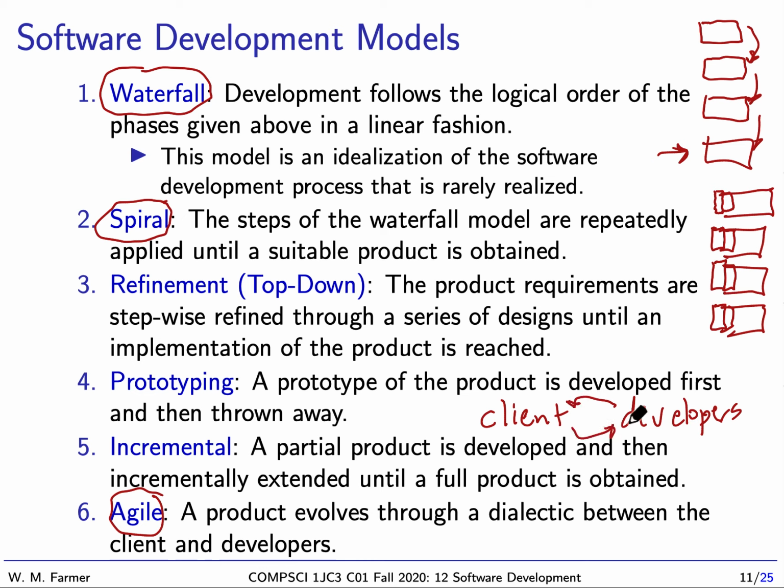They're going back and forth between the two. And many people argue this is a faster way to get a product that meets the needs of the client. What bothers people about this is that you may not end up with a clear set of requirements in the end.